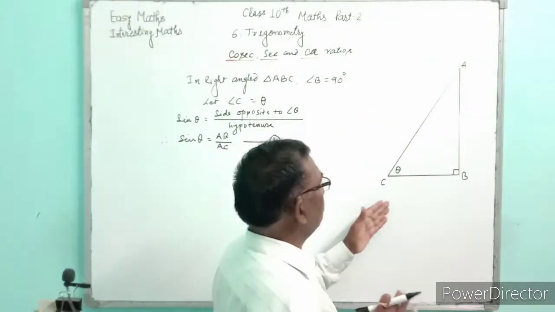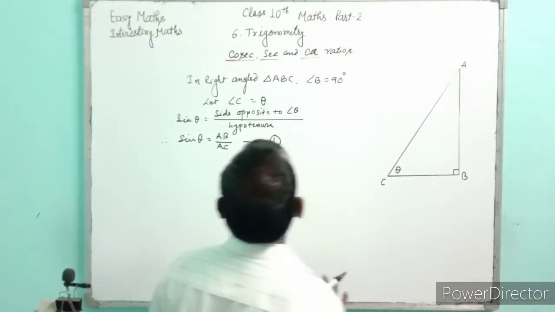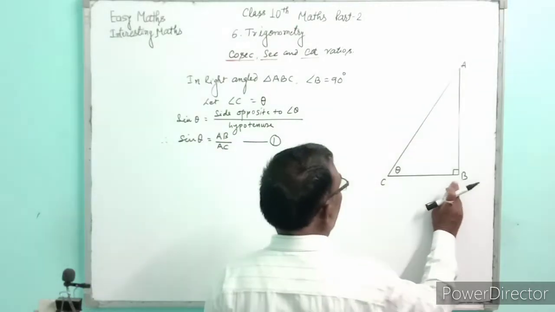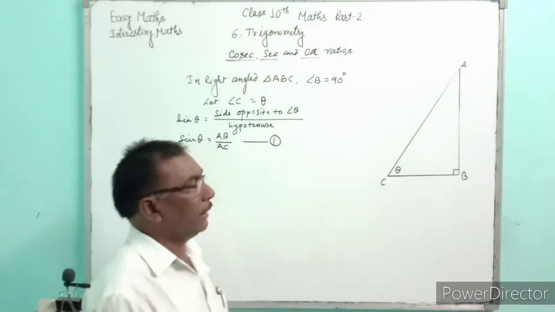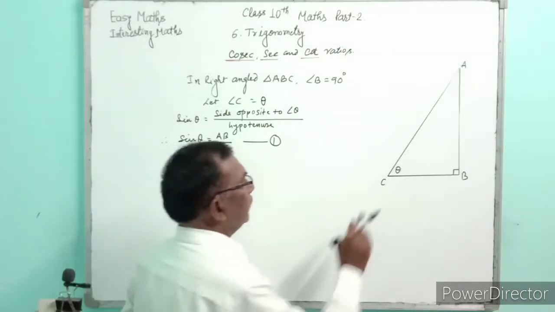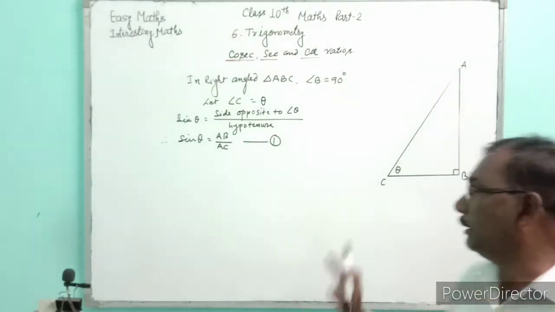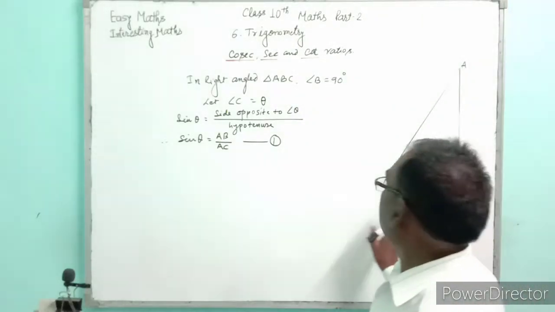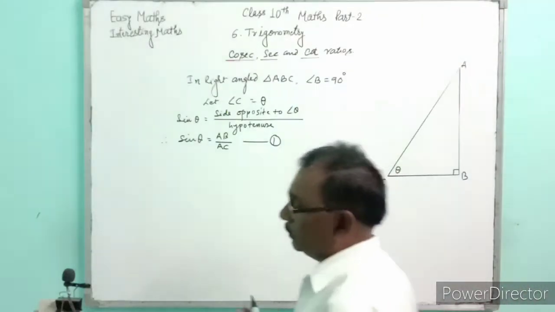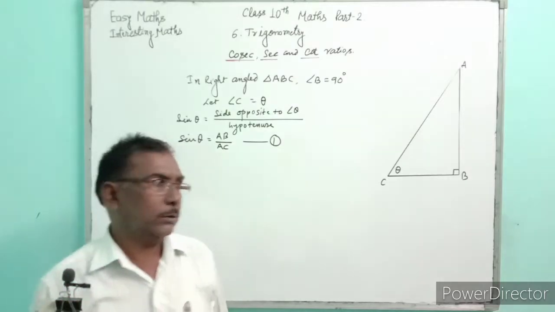Triangle ABC is a right angle triangle and angle B is a right angle. Let the measure of angle C be theta. Therefore, let angle C be equal to theta.